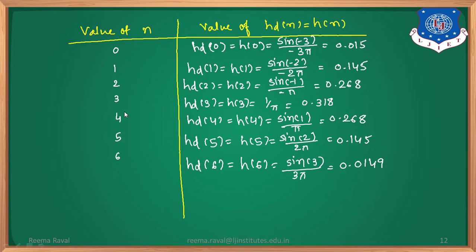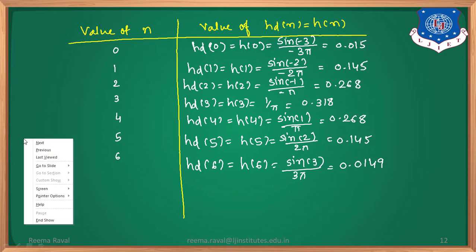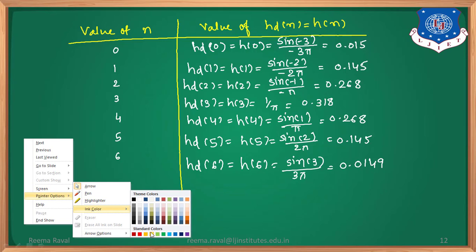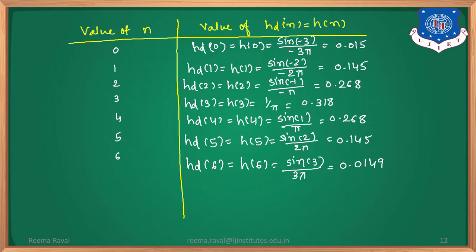Now we know that we have used the rectangular window function, so the multiplication will be 1 only. So we can directly write that hd of n equals h of n. When n equals 0, we'll have hd of 0, the same as h of 0, which is sine(minus 3) by 3 pi, whose value will be 0.015.